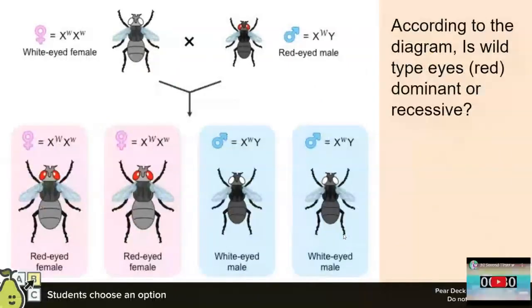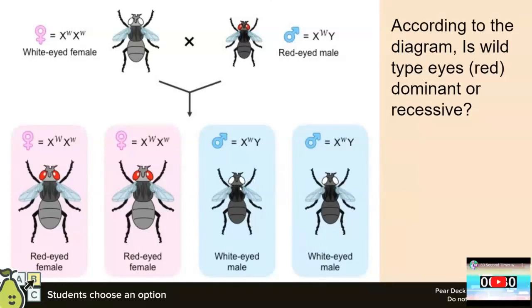So according to the diagram, is the wild type eyes dominant or recessive? Well, the wild type would be dominant and white eyes would be X-linked recessive because it affects the males more commonly than the females. Here we have a mother that is white-eyed. She has two recessive X-linked traits.